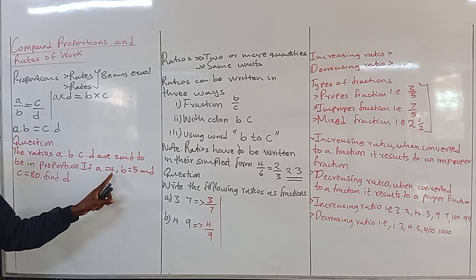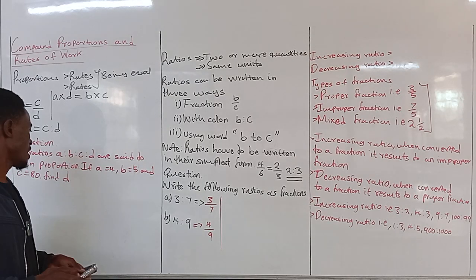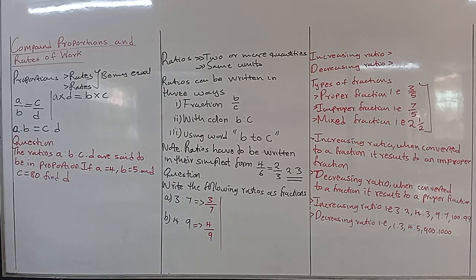If A is equal to 4, B is equal to 5, and C is equal to 80, find D. So you are supposed to find the value for D.